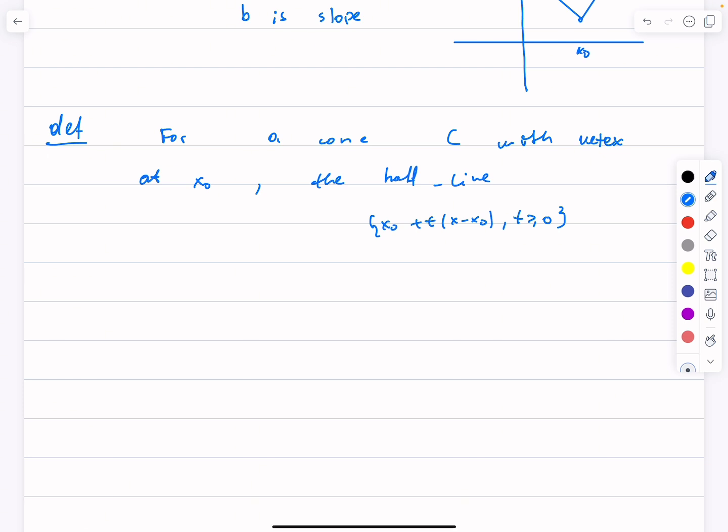This is the ray of C passing through x, like this. For example, we have x0, and here we have somewhere x. From x0, pass this ray.